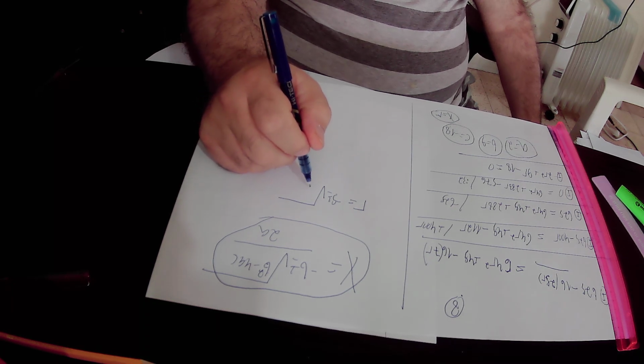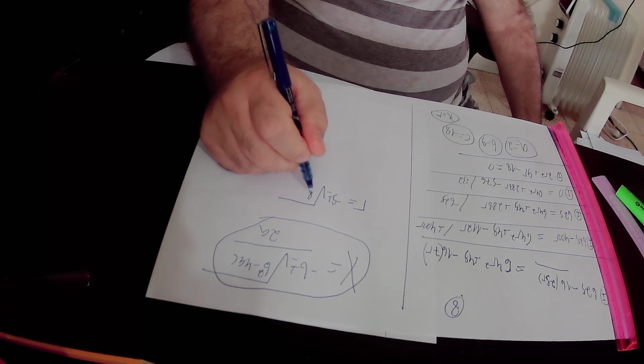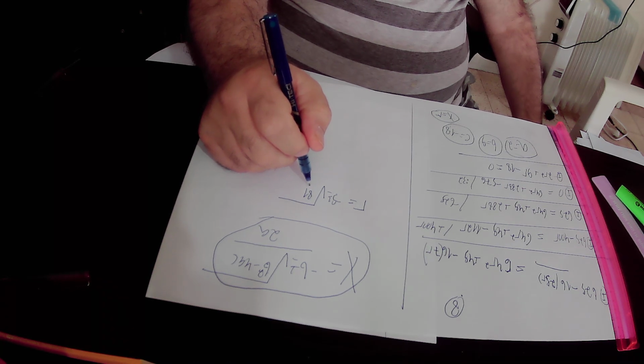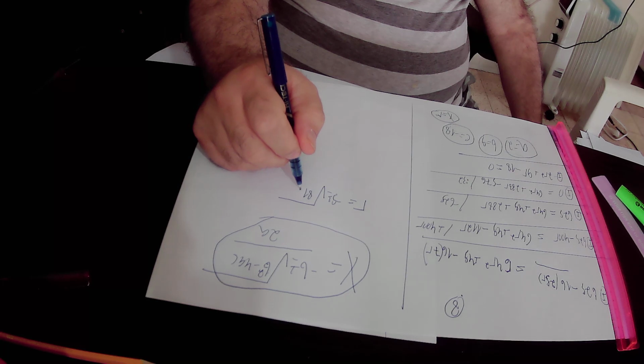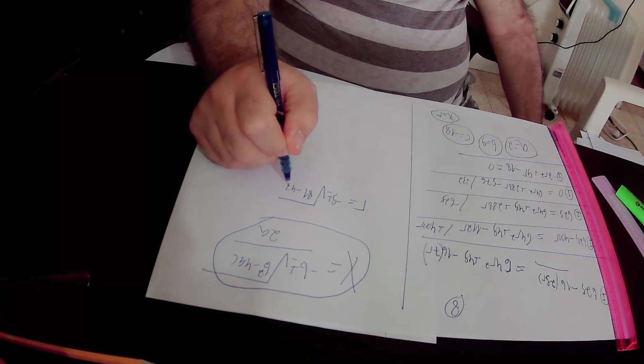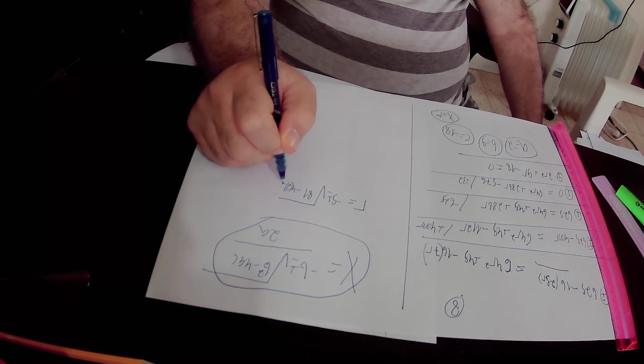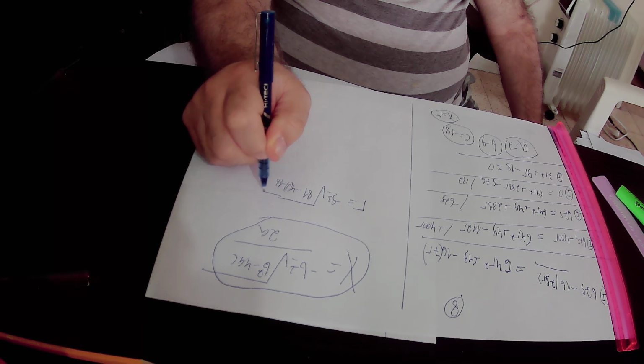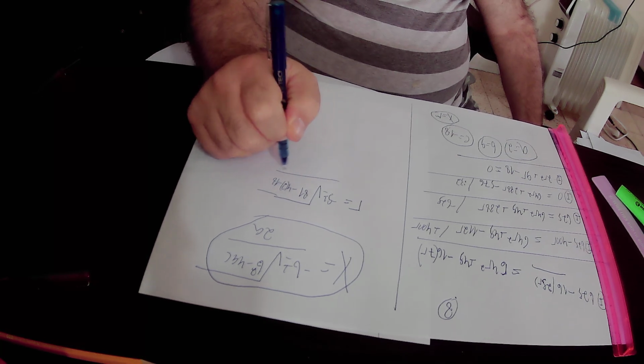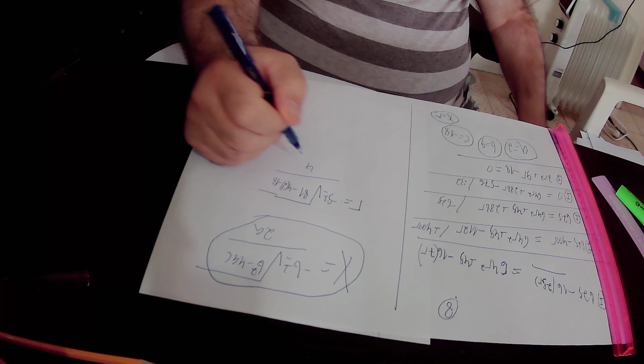B equals 9, so B squared is 81, minus 4 times A, which is 2, so it is minus 4 times 2, times C, which is minus 18, divided by 2A. A is 2, so 2 times 2 is 4.